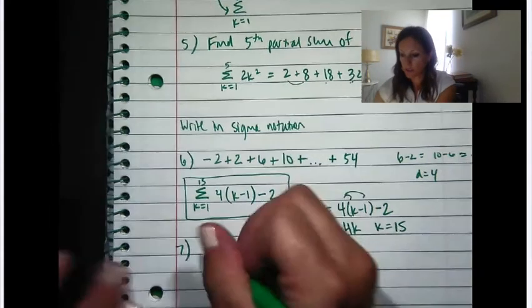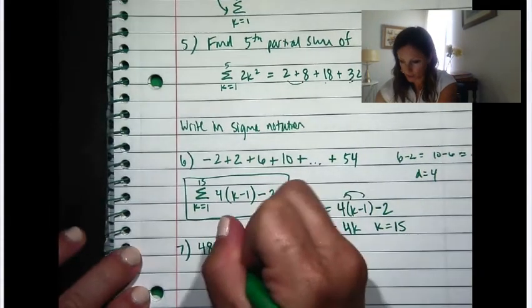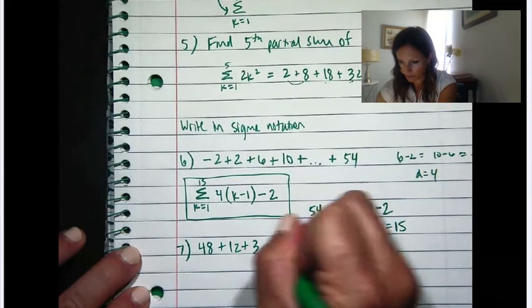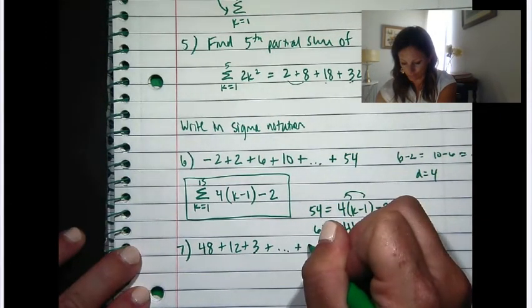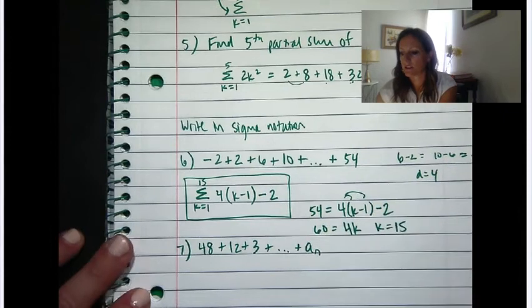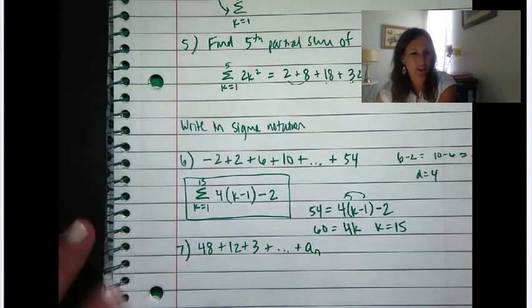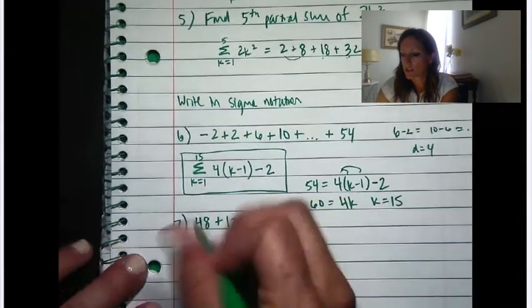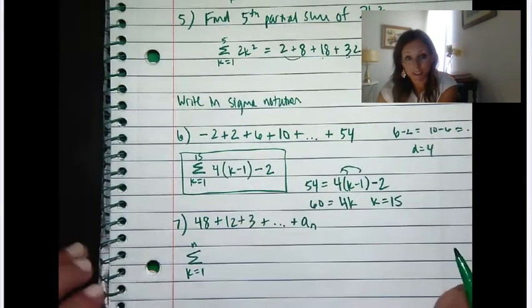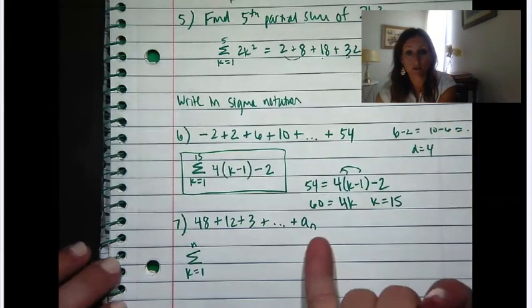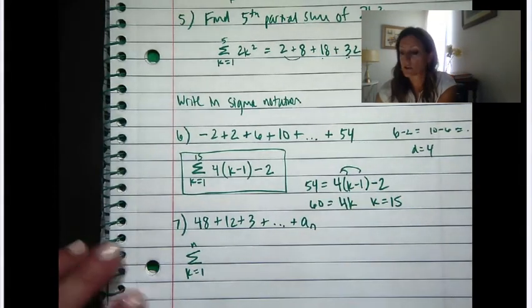Okay, another one. Let's say I give you 48 plus 12 plus 3 plus so on, all the way until you get to a sub n. So I'm actually not telling you what that last term is. So I'm going to write sigma notation, k equals 1 to n. I get to put n on top this time because we're saying to stop at the nth term.